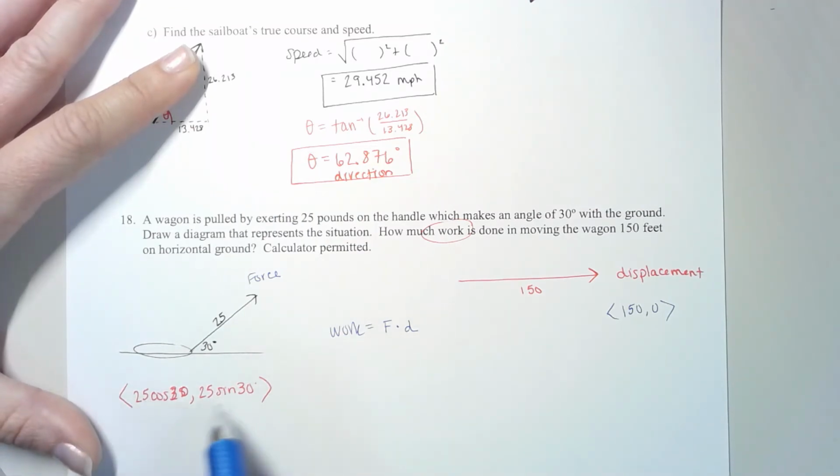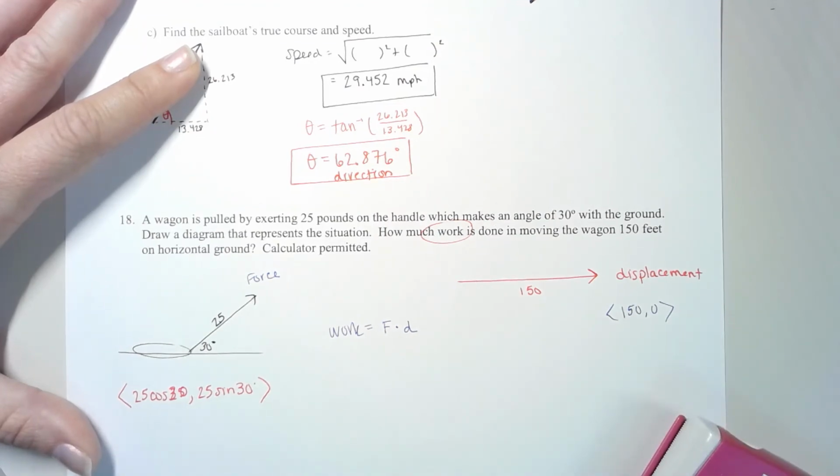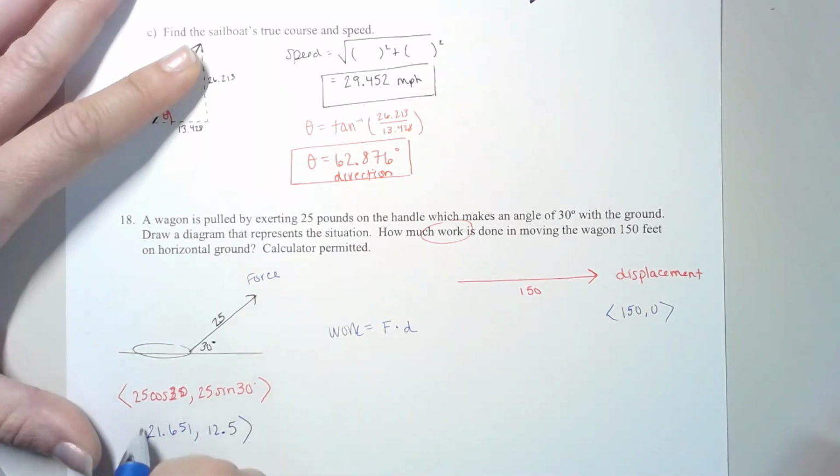And I could change those into decimals, and you know what, may as well, why not? That's okay. So I've got 25 times the cosine of 30 is 21.651. And then this will be 12.5, right? Sine of 30 is 1/2. So that vertical component is 12.5.